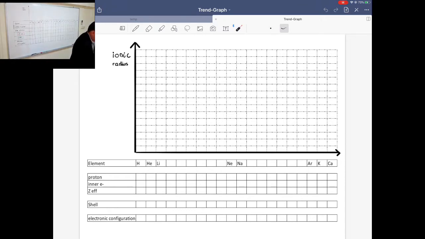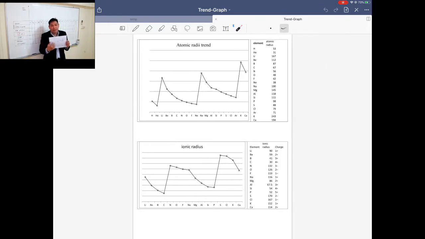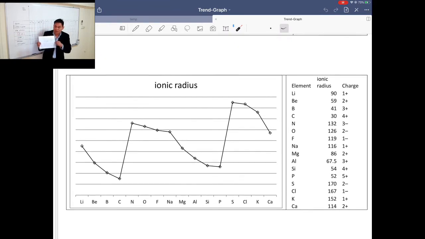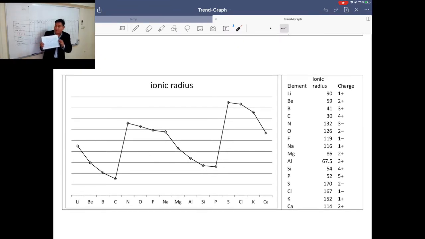And on another file next to it, you're going to have the answer key. This is how the graph looks after we finish filling up this table and drawing. Right? So this one is on another file.